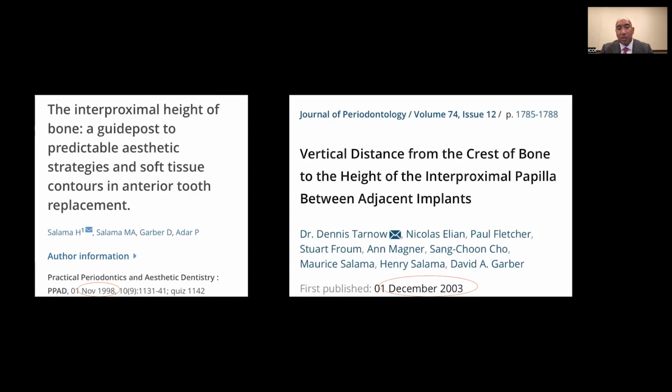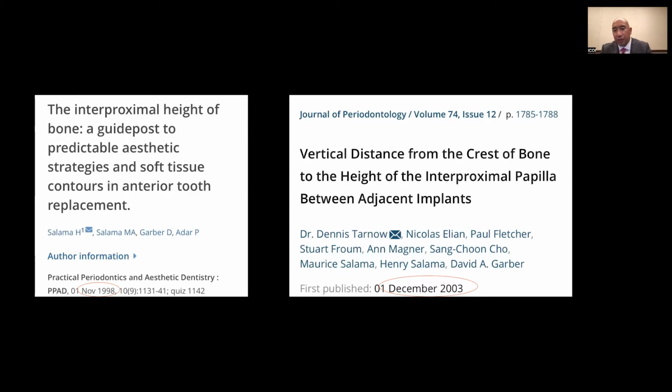And what they noticed, this is a paper from Salama and Garber, they pointed to the IHB as being very important to ensuring that we have good papilla height and good facial soft tissue. Because as we'll see here in a minute, having good IHB is crucial to being able to do any type of grafting.